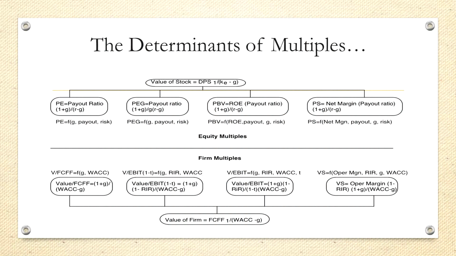Now for firm multiples, for example, for value to EBITDA ratio, we have 4 factors: growth rate, investment rate, tax rate, and cost of capital. And for value to sales ratio, we have determinants of operating margin, investment rate, the growth rate, and WACC.